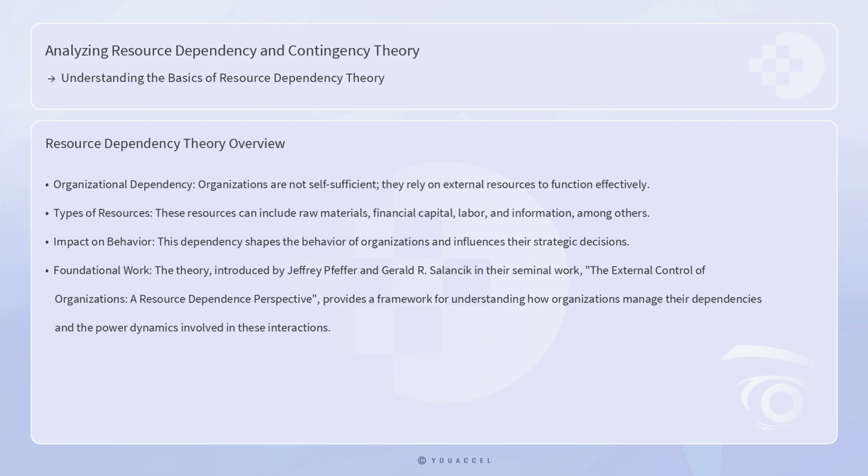The theory, introduced by Jeffrey Pfeffer and Gerald Salancik in their seminal work, The External Control of Organizations: A Resource Dependence Perspective, provides a framework for understanding how organizations manage their dependencies and the power dynamics involved in these interactions.